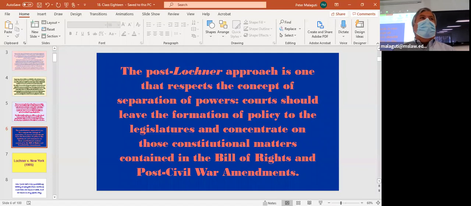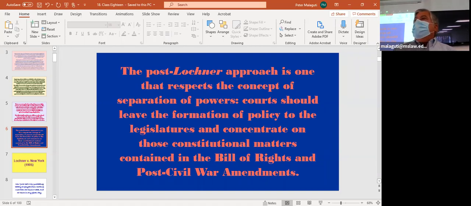The courts interpret the law and specifically interpret the Constitution. The legislature should be dealing with economic issues because they're policy issues rather than the Supreme Court. To the extent that the Supreme Court is dealing with policy issues, it is making itself a super legislature in violating separation of powers principles.